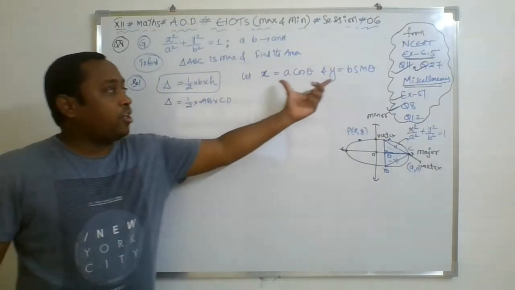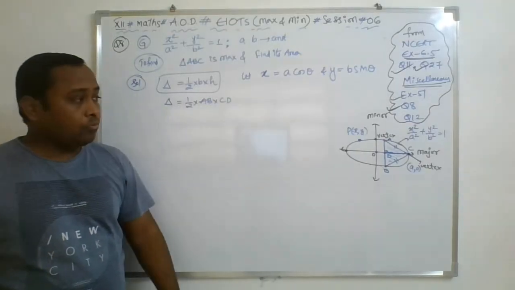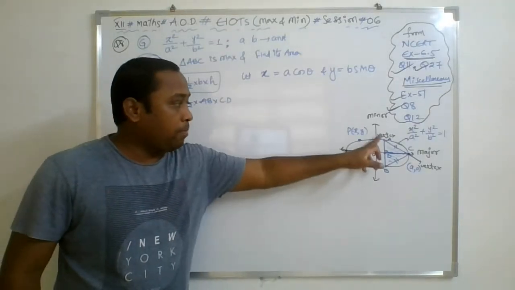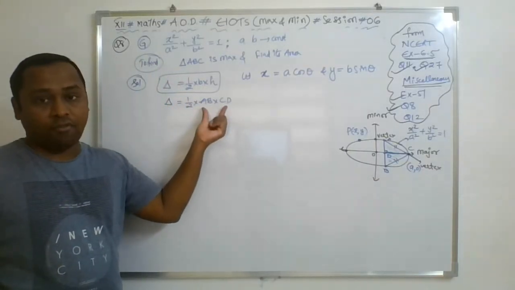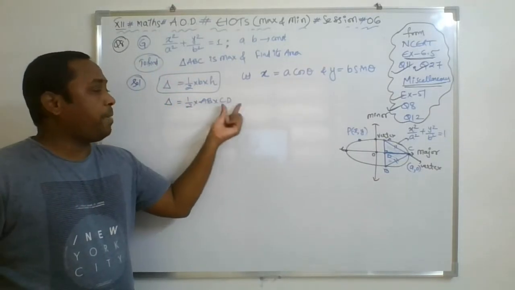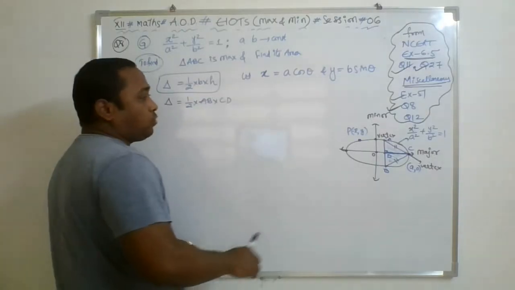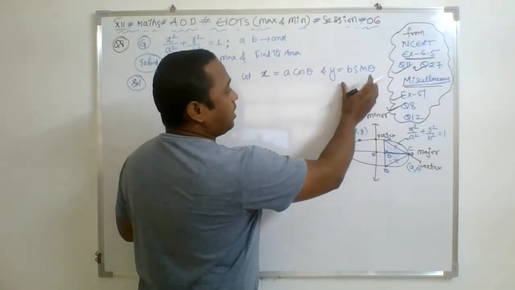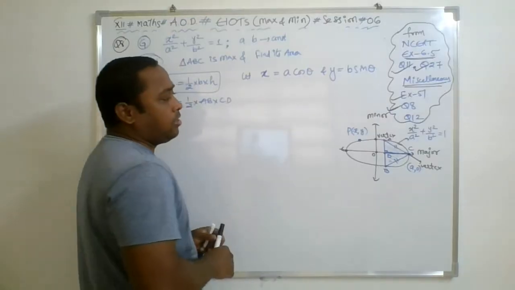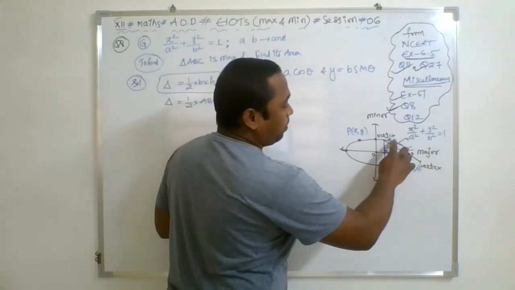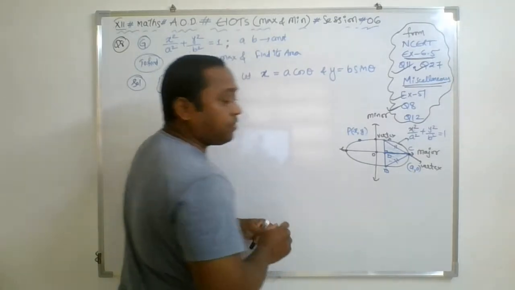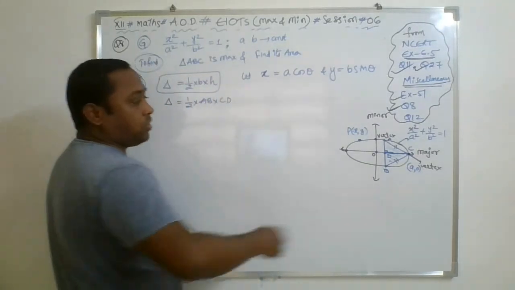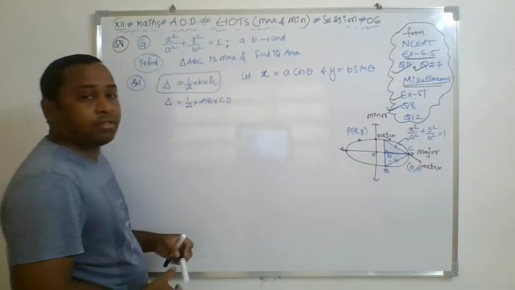So I can use this parametric form to get the base and the height, which is what we required in the formula. If x is a cos theta and y is b sin theta, I can write the coordinates of A, B and C. C is already there, that is a comma 0.